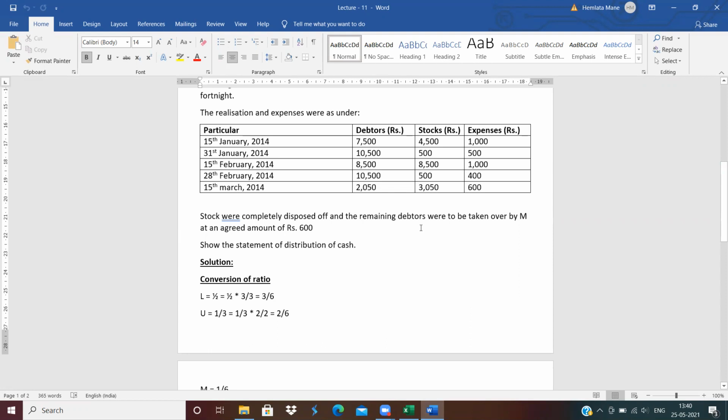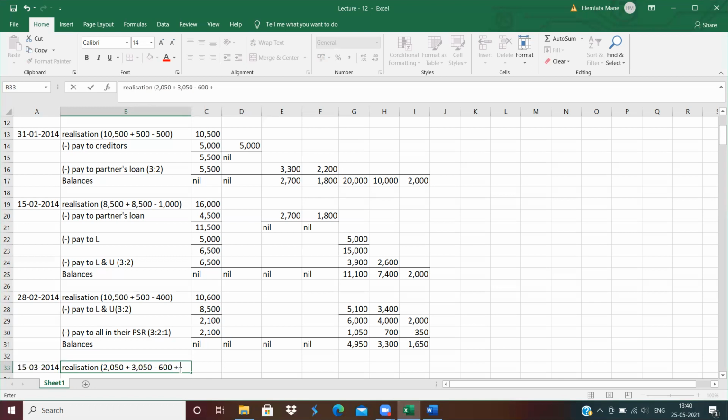So debtors were taken over by M. So add these 600 rupees. Clear? Add these 600 rupees.